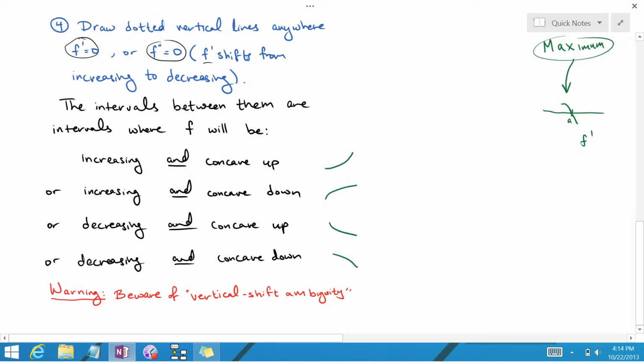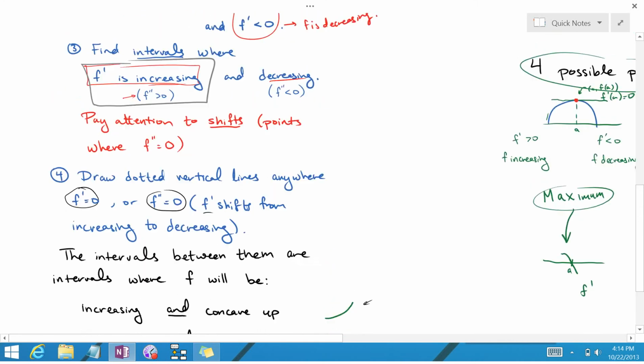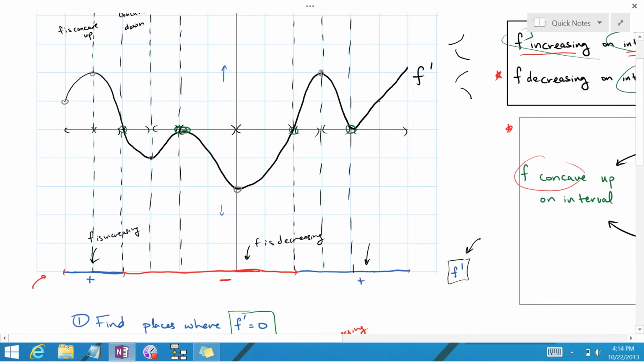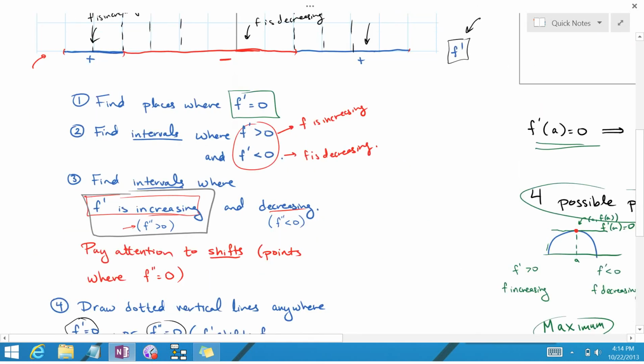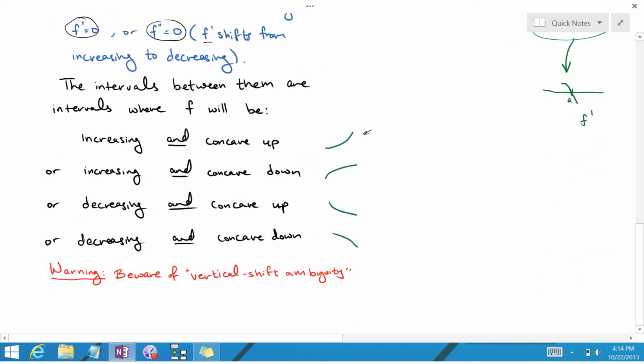So once you've drawn those vertical lines, the intervals between them are intervals where f will be either increasing and concave up, so that the graph should look something like this. And what would that correspond to in terms of colors? Well, you're increasing if you're blue, and you're concave up if you're gray. So these would be my gray slash blues. Otherwise maybe you're increasing but you're concave down.